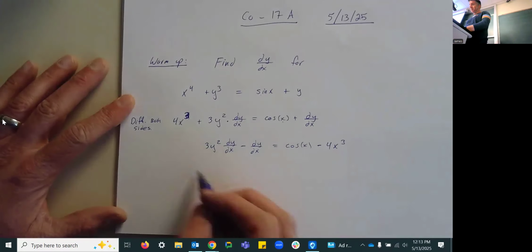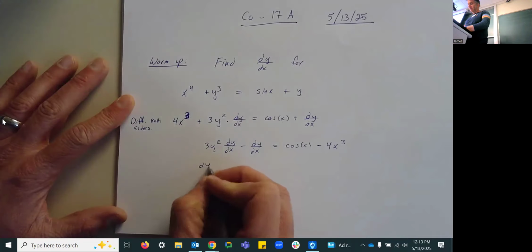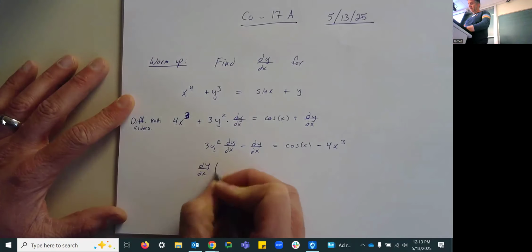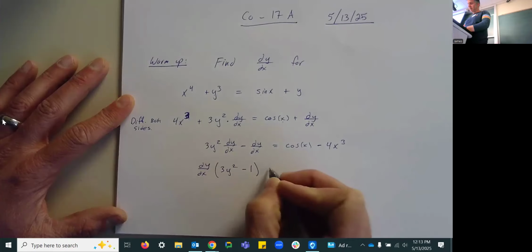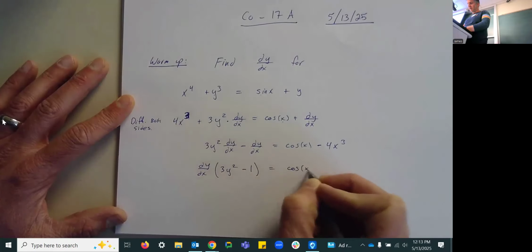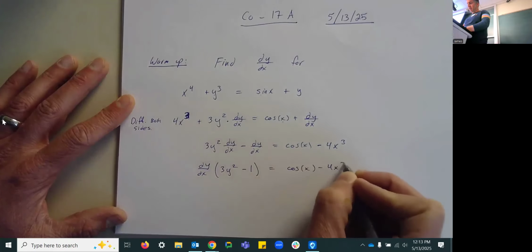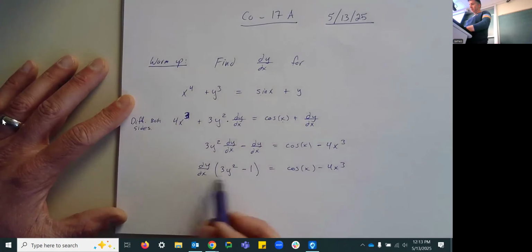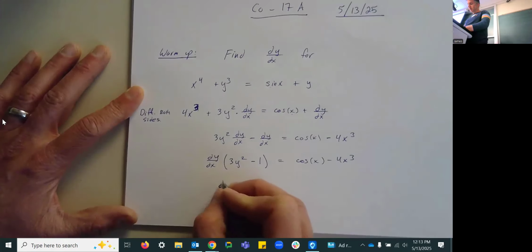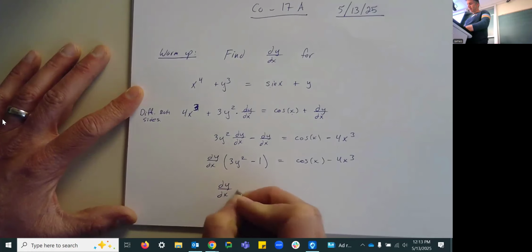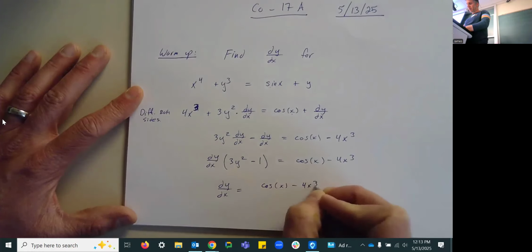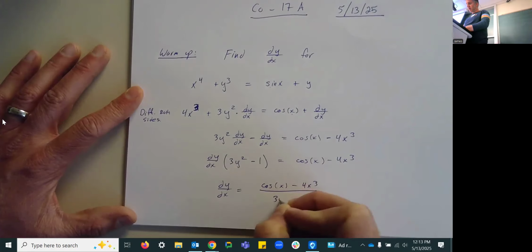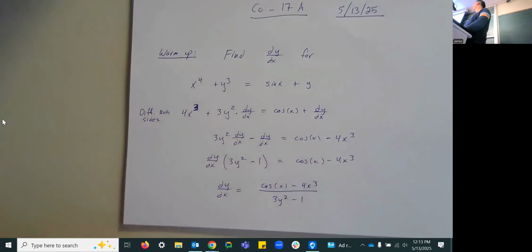So I think we could skip this next step of writing dy dx factored out, leaving a 3y squared minus 1 behind, still equal to the same stuff on the right-hand side, and then dividing both sides by the 3y squared minus 1. So here we get dy dx equal to cosine of x minus 4x cubed divided by 3y squared minus 1.